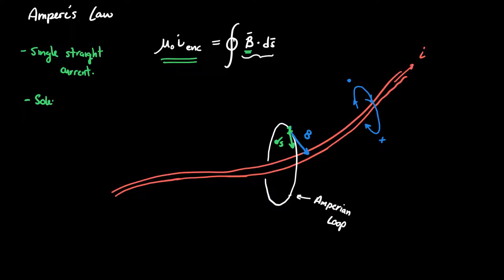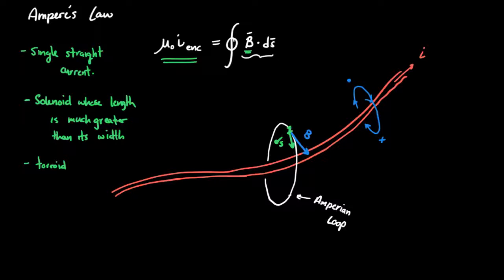There's the solenoid, whose length is much greater than its width. And then there's the toroid. This is really it. There's just not a lot of ways to use Ampere's law.